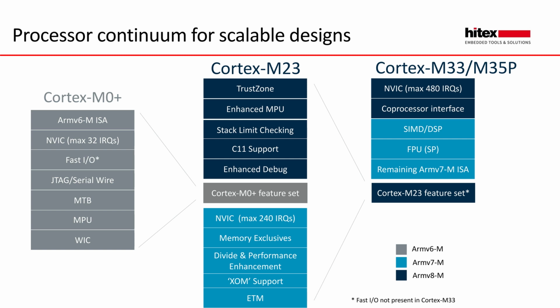The secure code will be linked down to the start of the flash memory. So when the chip starts, we'll start executing the secure project. We'll do the necessary code, which we'll cover in a little bit, to set up the environment, and then we'll jump to the non-secure code, which is linked to a higher address.